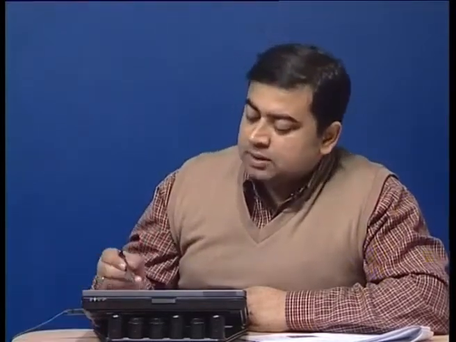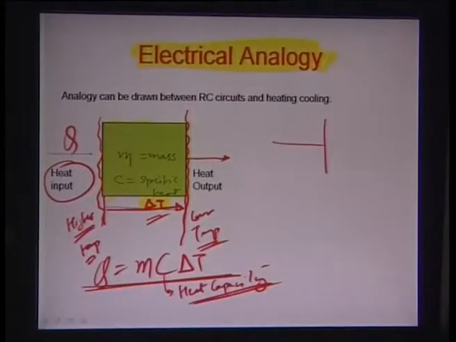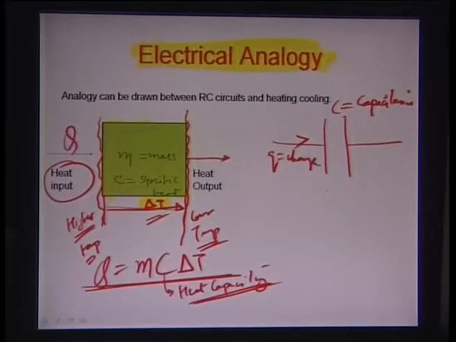So let us draw a capacitor. So this is a capacitor. Let's say you have a capacitance value equal to C, and you have a charge small q which is flowing through this capacitor, and essentially there is a potential difference of V here.